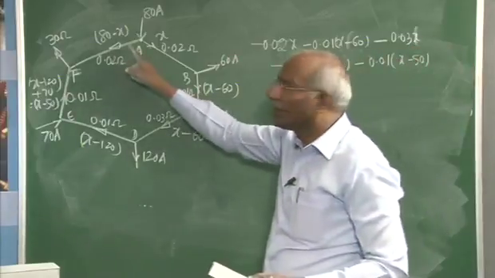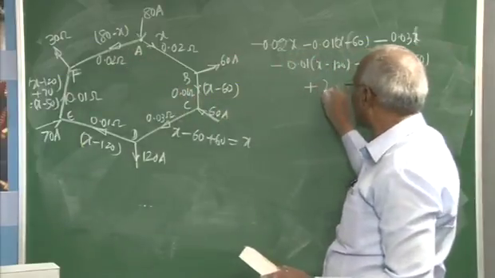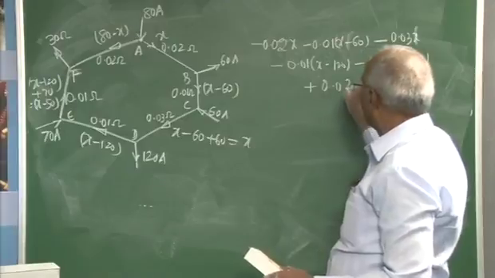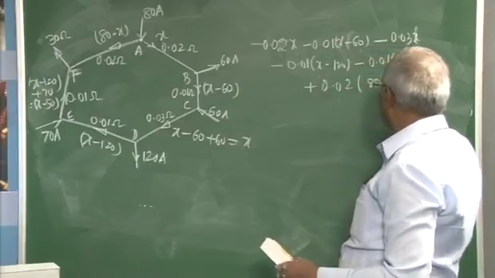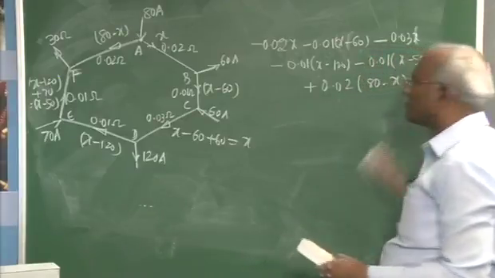We are going against that current, therefore plus 0.02 into 80 minus X must lead to 0.